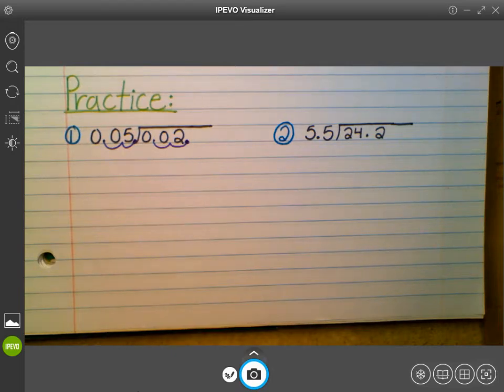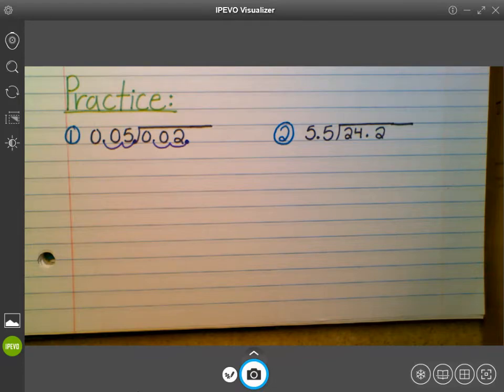Go ahead, solve number 1 and number 2. So if after you move that decimal for number 1, you guys, those zeros are throwing you off, you could erase them, but you need to make sure you're remembering that there is a decimal point after the 2.